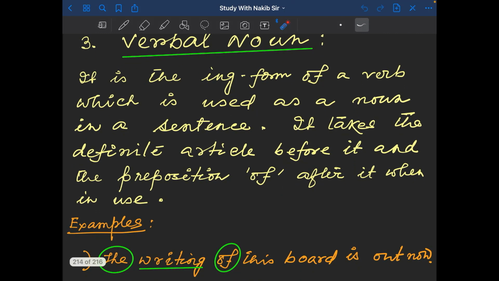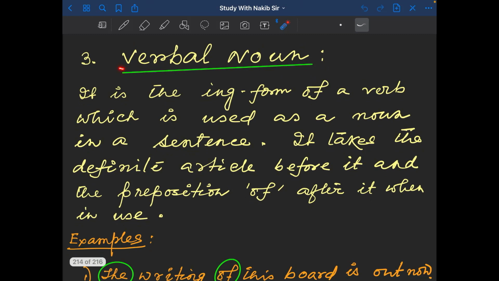If you analyze the name, verbal noun means the noun made of a verb. That type of noun is always in ing form, and it always takes a definite article "the" before it and the preposition "of" after it.